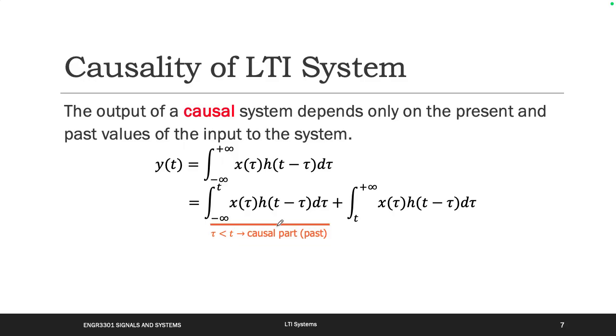For this other one, the range of tau is from t to positive infinity, which involves future time. So this is the non-causal part, because it involves future signals. Let me ask you a question.